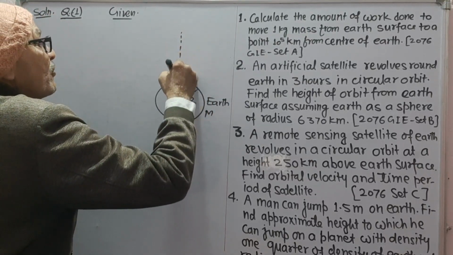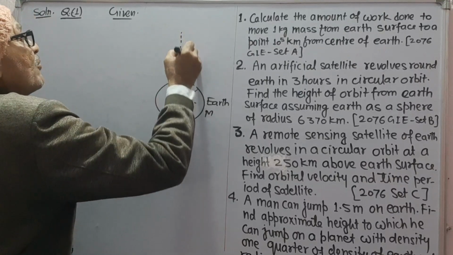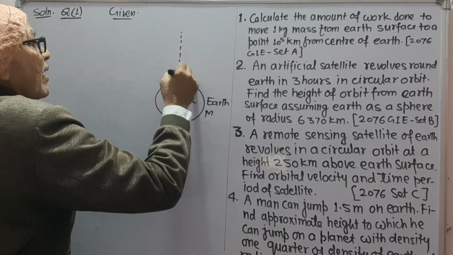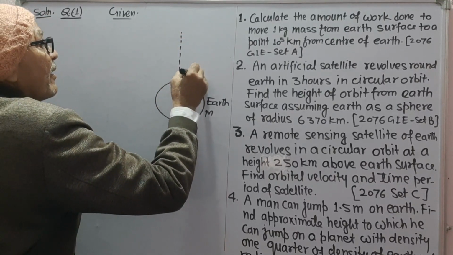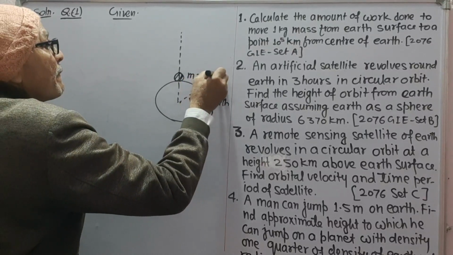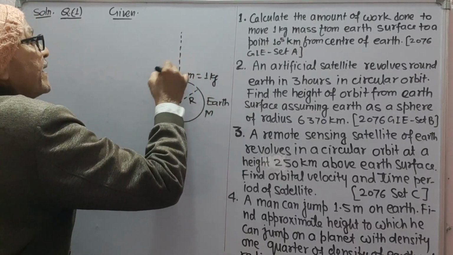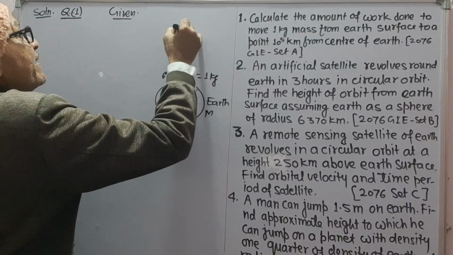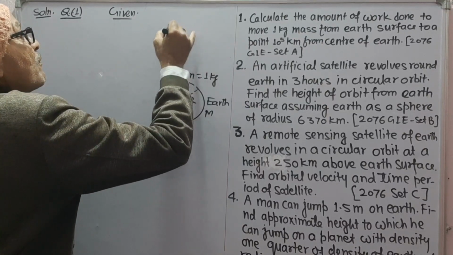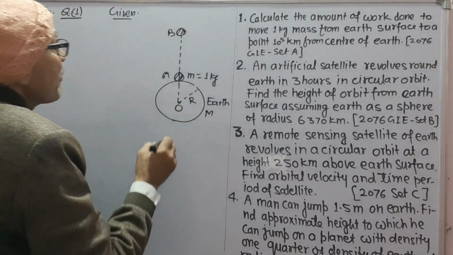We have to find the work done in bringing a body of mass 1 kg from point A to point B. O is the center of earth.